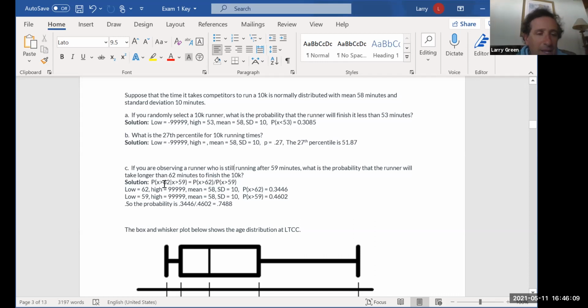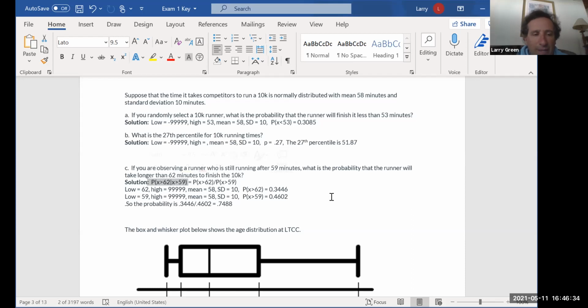That's the probability that X is greater than 62, given X is greater than 59. I want to stop because very few of you got that. Any questions on reading the sentence and writing down this given probability? Any questions?